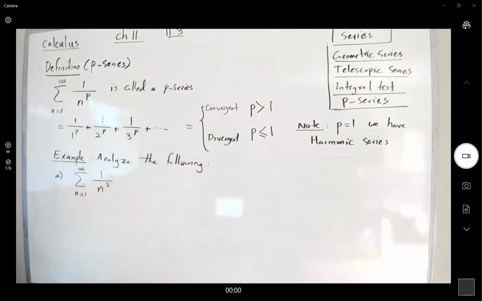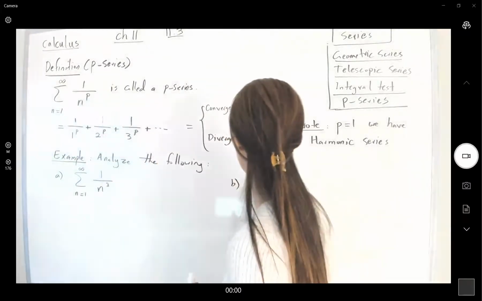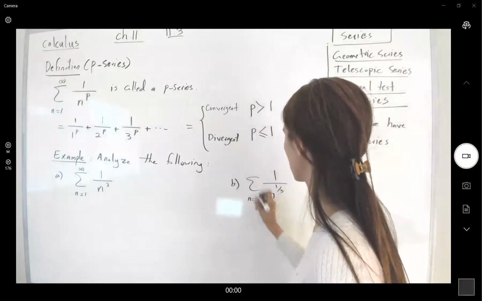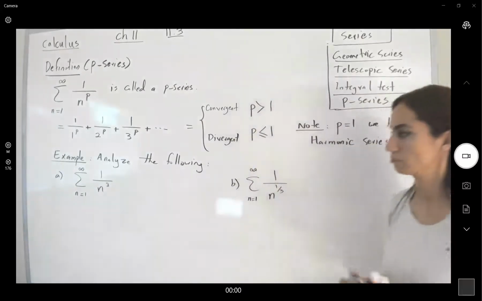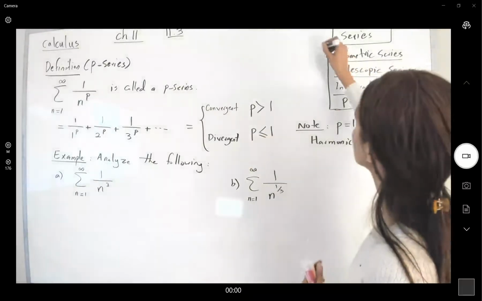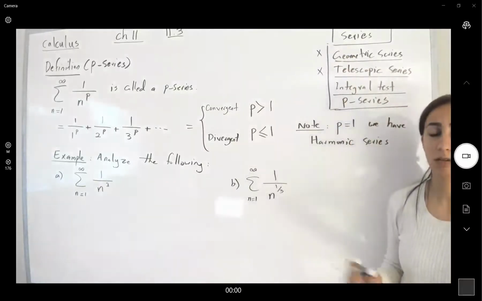And the second one is the sum of 1 over n to a third, starting from 1 to infinity. Okay. Is either of these a geometric series? No. Telescopic? No. Integral test? Okay, let's see.